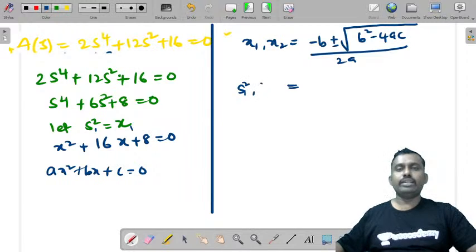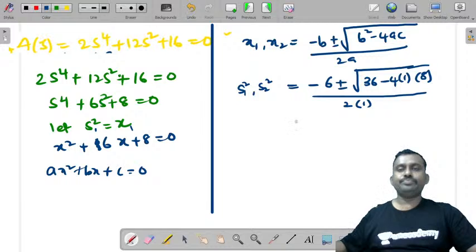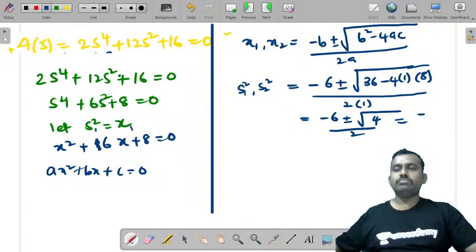So s1 square comma s2 square is equal to minus b plus or minus under root of b square, not 16, it is 6. 6 6s are 36 minus 4 into a into c is 8, by 2 into 1. This is minus 6 plus or minus under root of 4 8s are 32, 36 minus 32 is 4, so root is 2, by 2. This is minus 6 plus or minus 2 by 2.